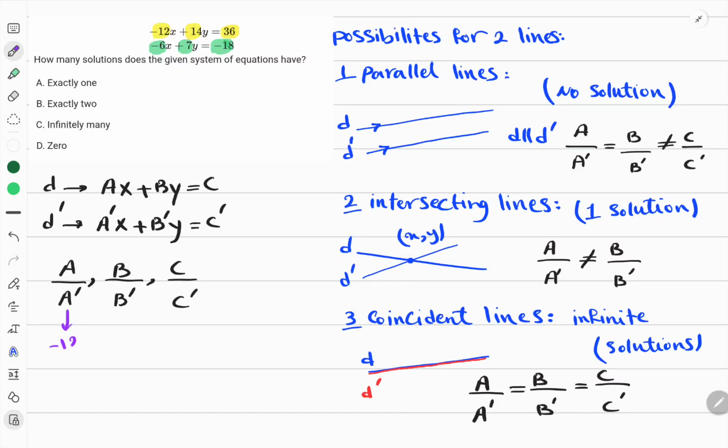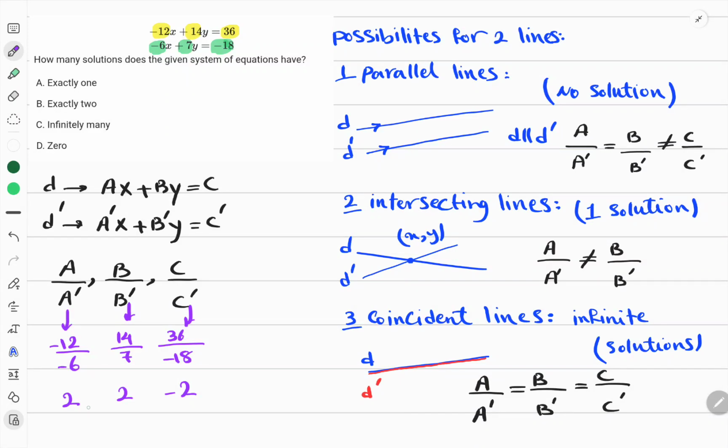A is negative 12, a prime is negative 6, which gives positive 2. B is 14, b prime is 7, and if you simplify this, you will have 2. C is 36, c prime is negative 18, and the simplest form is negative 2.